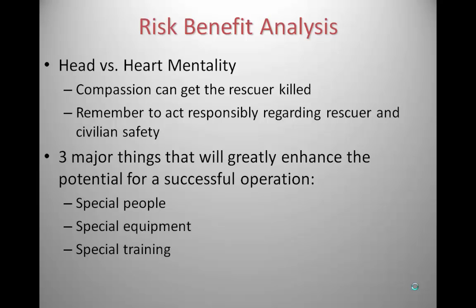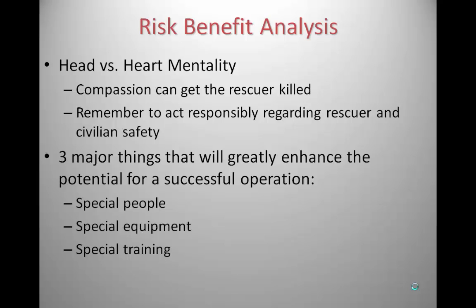And dealing with confined space incidents, these are your high risk, low frequency type events. So we do have to slow ourselves down a little bit and look at some of the hazards that we're dealing with. The head versus heart mentality, as we mentioned before: compassion can get the rescuer killed. Again, 60% of people that die in confined spaces are would-be rescuers.